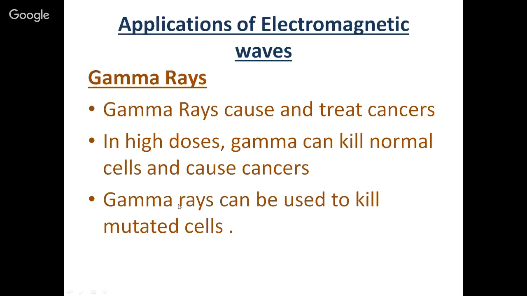At the same time, gamma rays can be used to kill mutated cells. So gamma rays are a boon as well as a bane. There are advantages as well as disadvantages. Advantage, it is used to treat cancer patients. At the same time, whenever a person is exposed to gamma rays for a greater interval of time or a larger period, then he may suffer from cancer also.